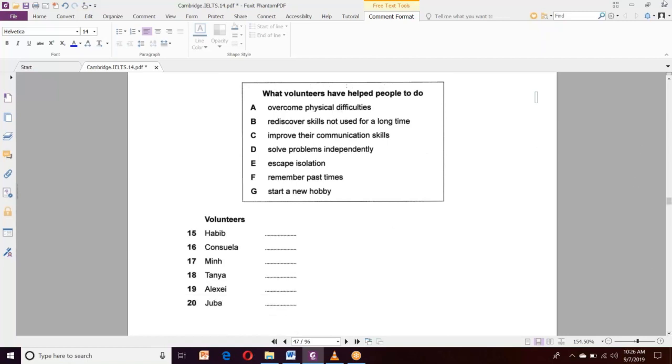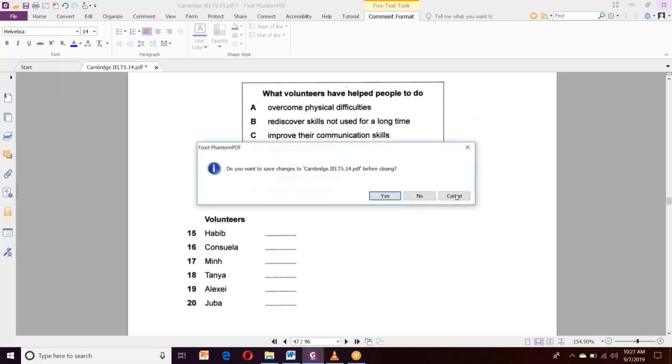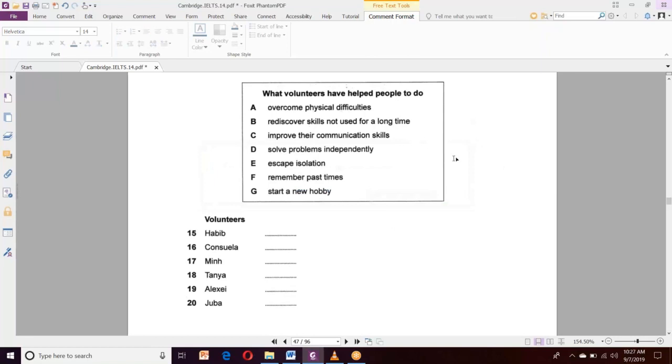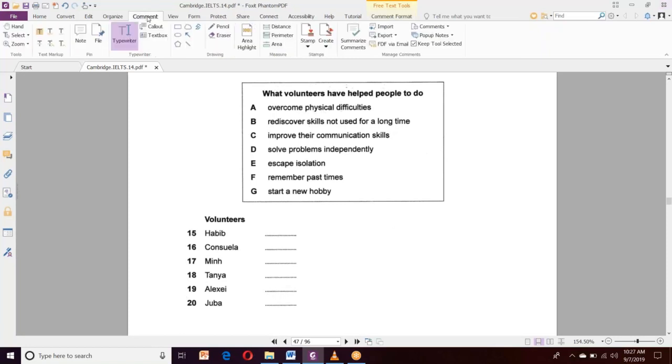Now, when you're doing this kind of question, you want to pay attention to the keywords in A, B, C, and D, right? So here, in A, they're most likely focusing on somebody doing something connected with physical difficulties. This one, of course, is going to be connected to rediscovering some skills.